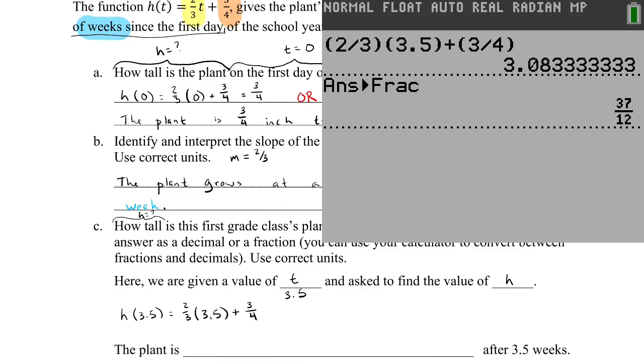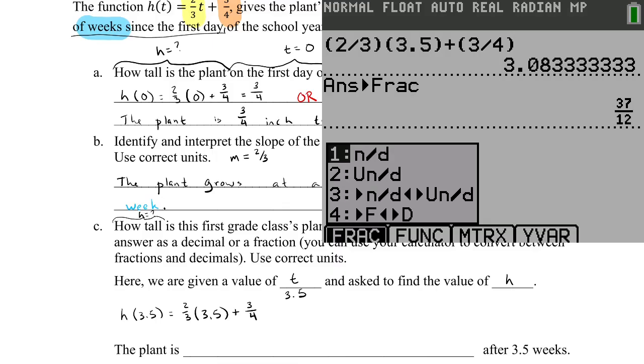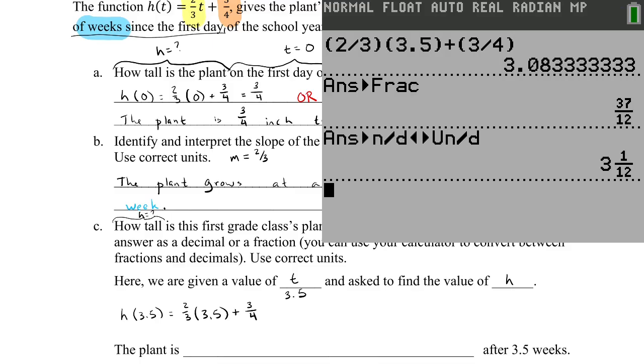That sounds weird. I'd like that as a mixed number. There are two ways we can get a mixed number. If you have the most recent version of the calculator firmware, you can convert that 37/12 to a mixed number by hitting alpha y equals and choosing the third option, which is the convert to a mixed number option.